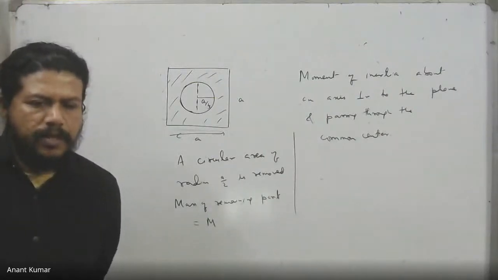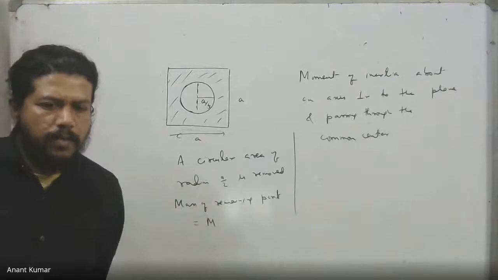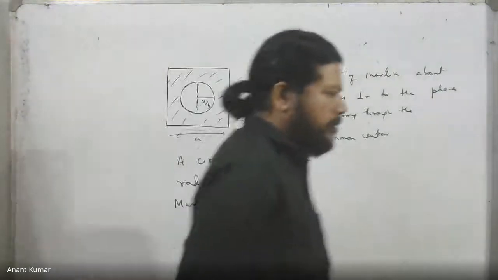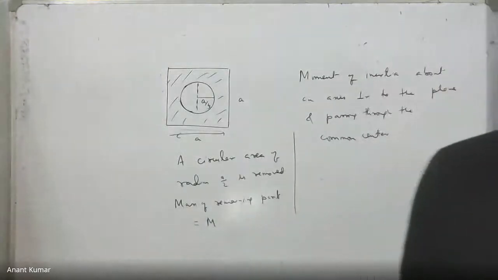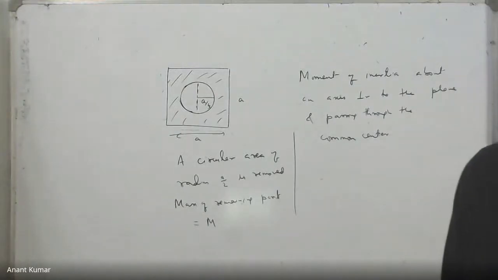In this case, you can imagine that the plate was square, and then we have just cut a circular part from there. M is the mass of the remaining part actually.